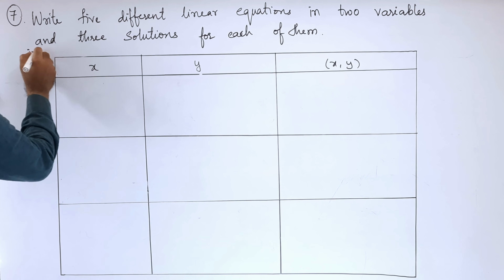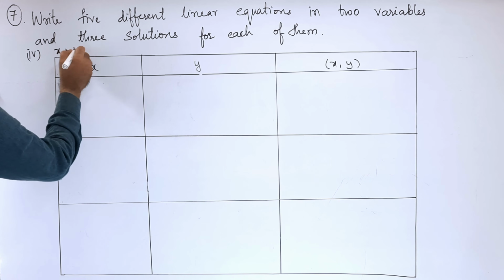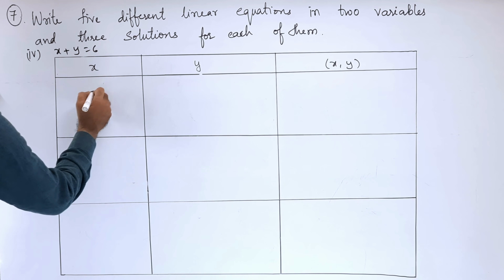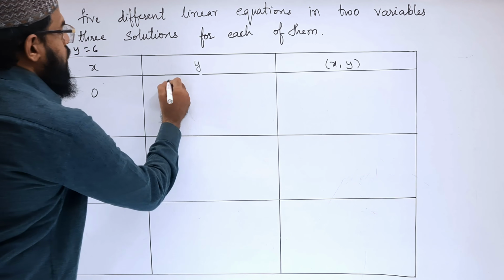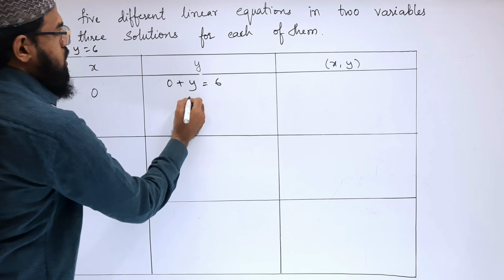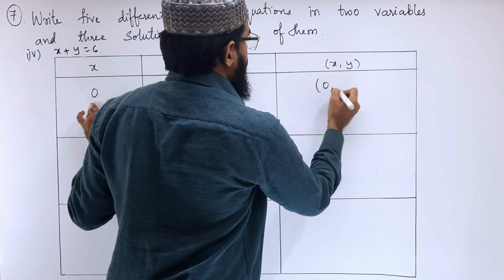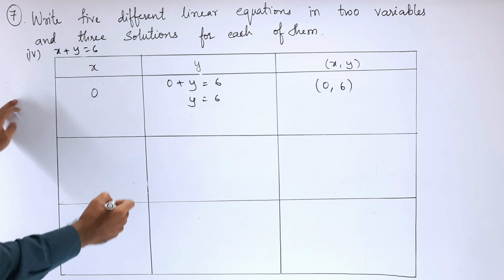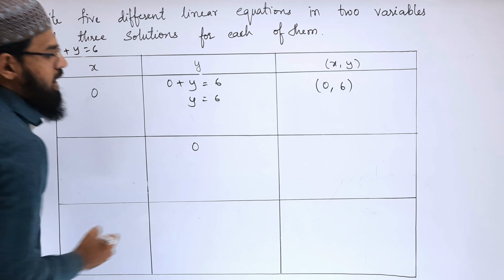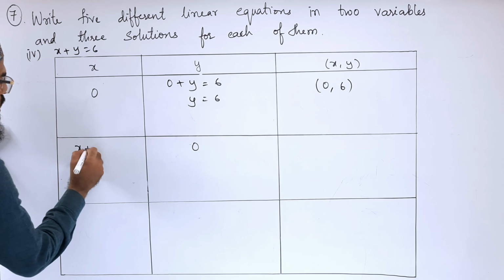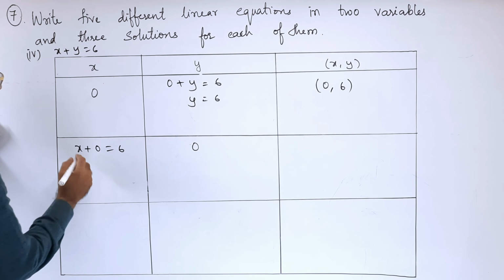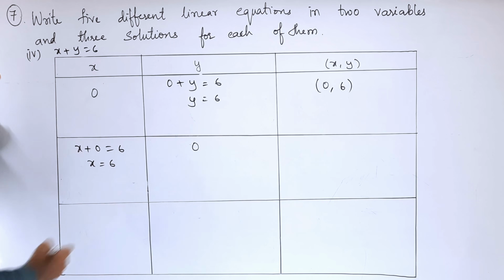Let us write the fourth equation as x + y = 6. Now take x as 0. So 0 + y = 6. So therefore y = 6. Now we can write (0, 6). Next we can take y as 0. So x + 0 = 6. x + 0 is x = 6.